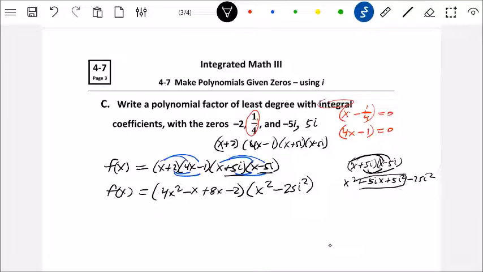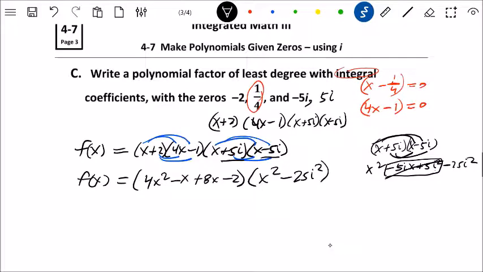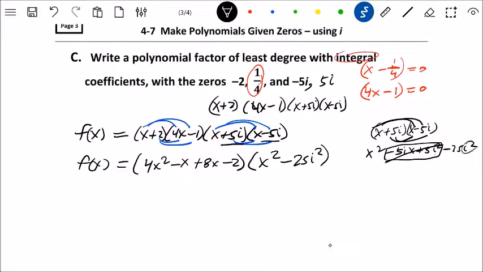This part here cancels out, so I could just immediately go here and then deal with the i squared because i squared equals -1. So what we really have is -25 times -1, which means that's a plus 25.